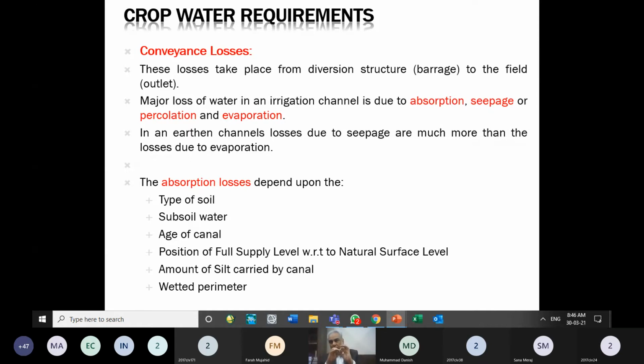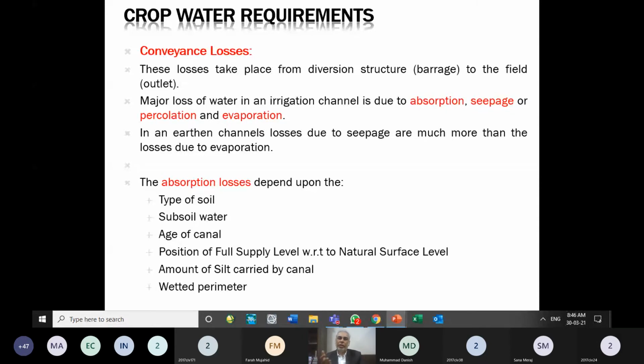And when these clay particles deposit on the bed and the sides, they give a kind of lining to the canal system, and the seepage losses reduce. So that is the age of the canal, and this is also true in the opposite way: if with the passage of time canal maintenance is not carried out well, especially in the case of a lined canal, and there are cracks in the lining, then with the age of the canal, seepage losses will increase.